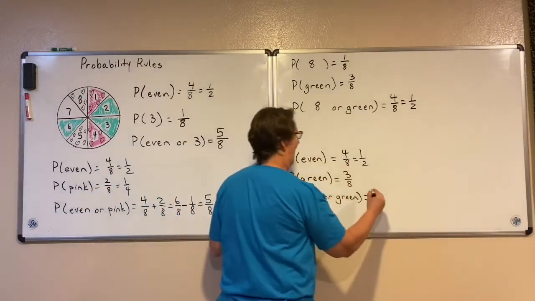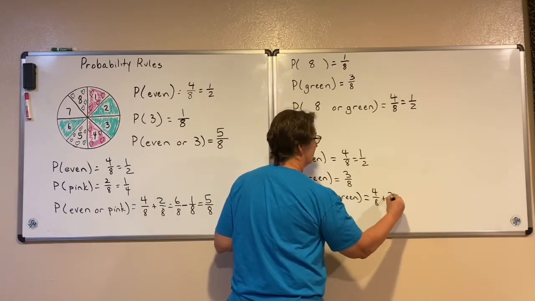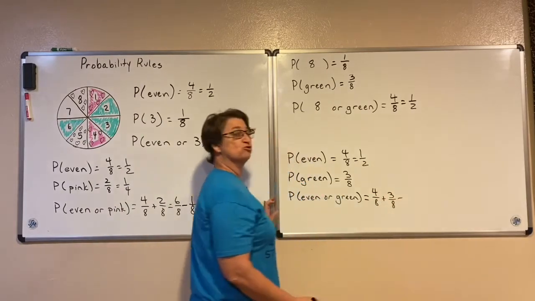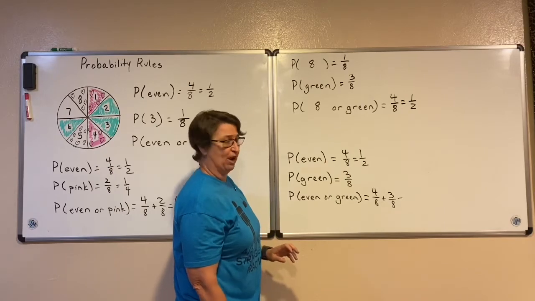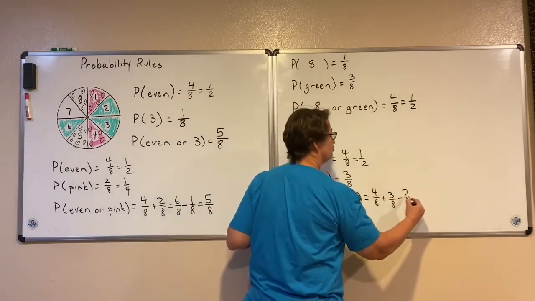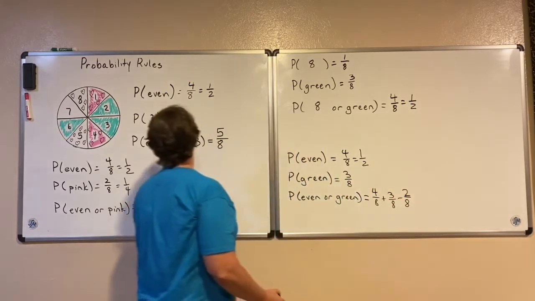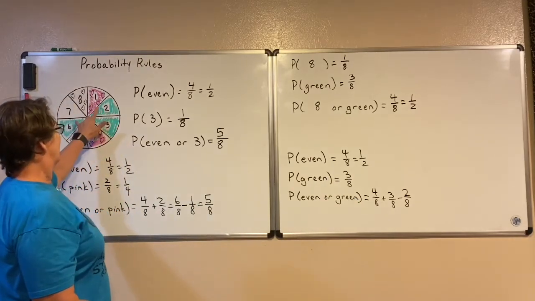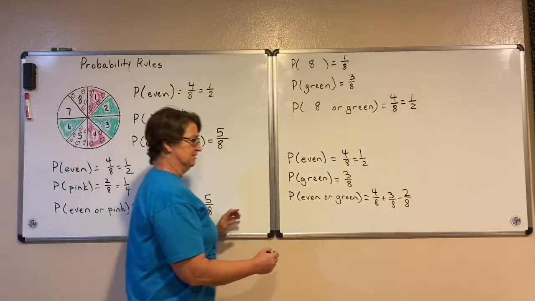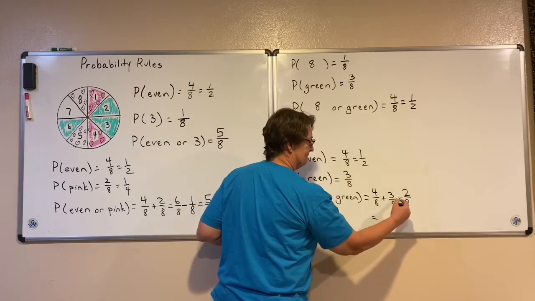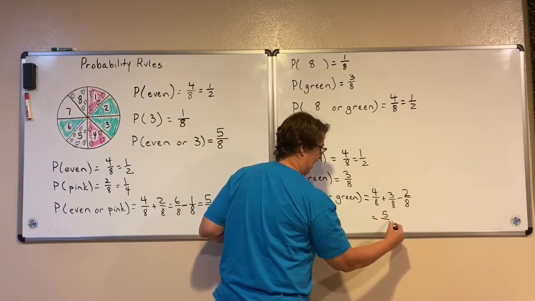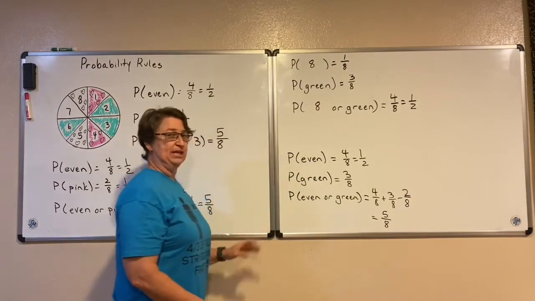So I'm going to add my probabilities of the two, but then I have to subtract off the overlap. In this case, there are 2 greens that are even. There are 2 of them that I'm counting in both places. So we have 7 minus 2 gives me 5 8s is my probability.